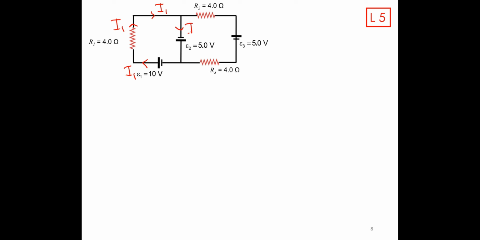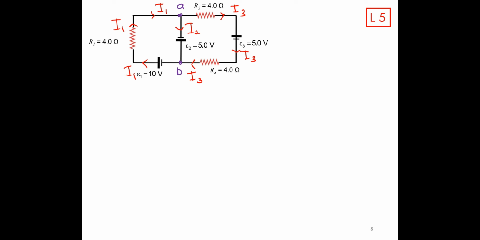Wire 2 is my I2 and wire 3 is my I3. You have 3 different wires, meaning you have 3 different currents. And we have 2 junctions, junction A and junction B. So you can choose either one, A or B.